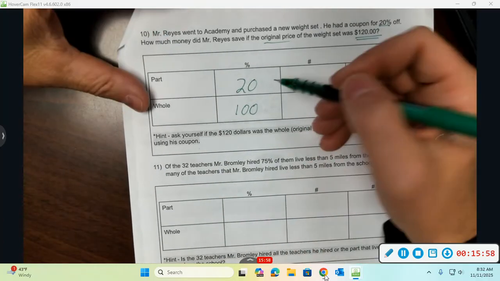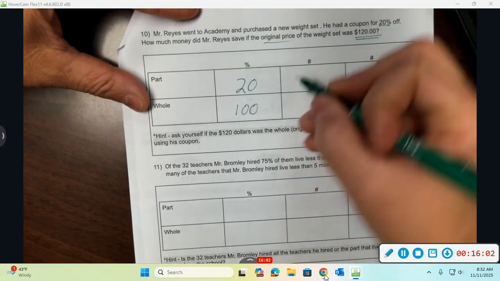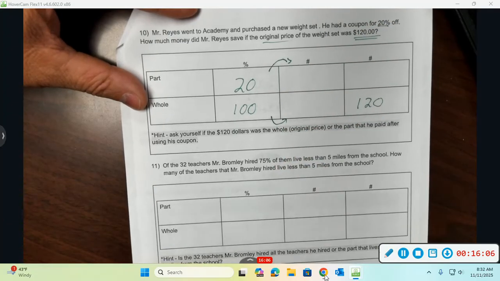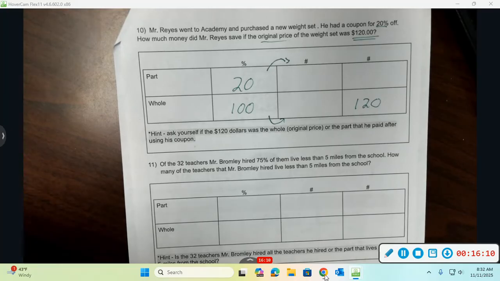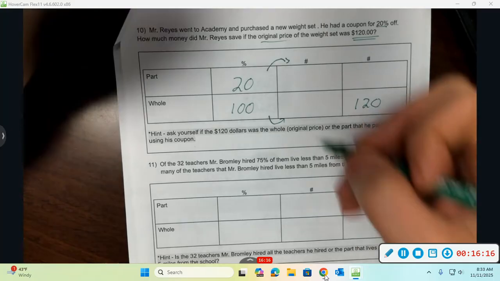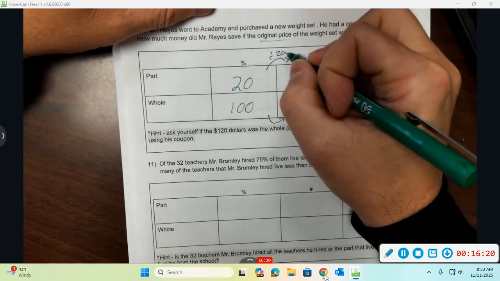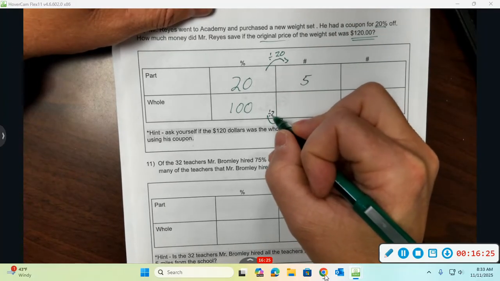So we're going to simplify this fraction, 20 over 100. Divided by what? Could I use something bigger? What about 20? Could I divide both of them by 20? Yeah? So if I divide both of them by 20, I get... divide this by 20.